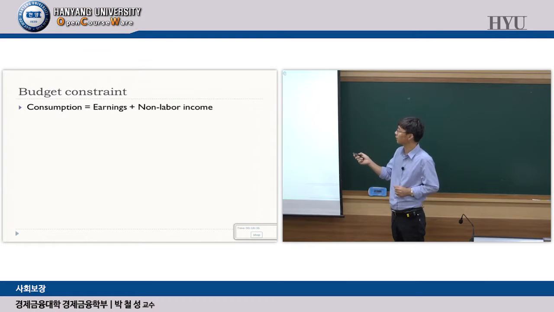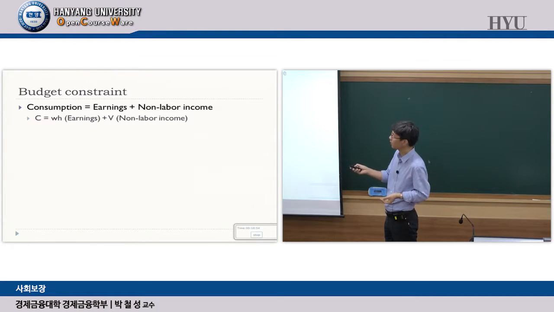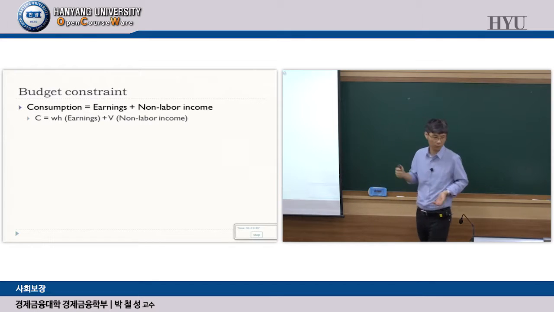In English, earnings means something you get from working, while income is just a general term: earnings plus non-labor income. Now, consumption is C. So total consumption C equals earnings, which is the hourly wage rate times hours of work, plus V, the non-labor income. Simple.